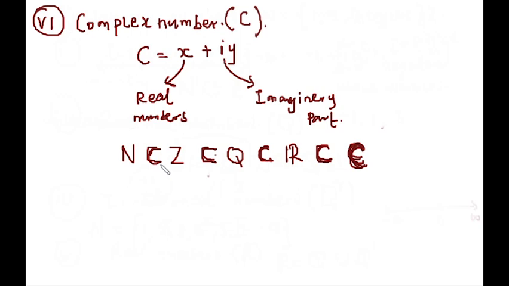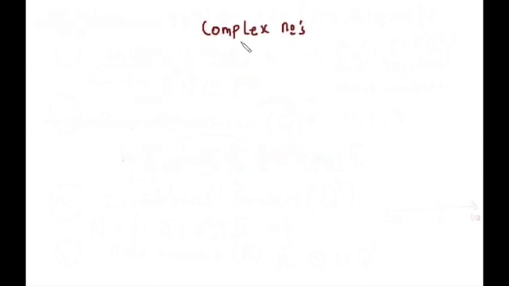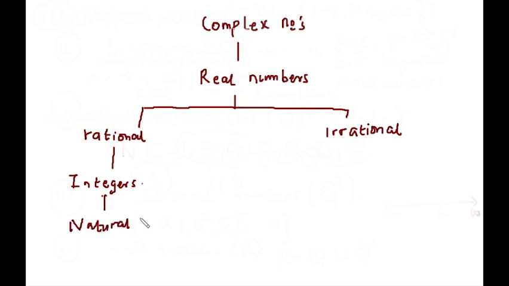So let me give you a diagram for you to understand more of how these numbers relate to each other. So this is simply a diagram to show how these different classes of numbers relate to each other. You have complex numbers, and under complex numbers, you have real numbers.